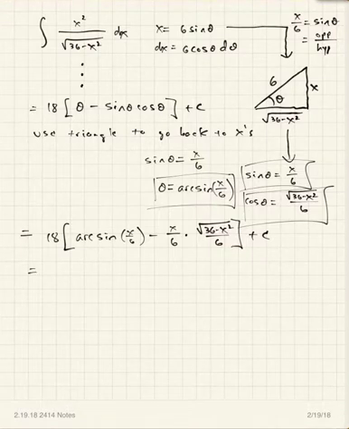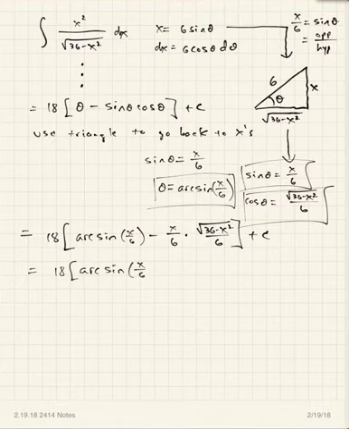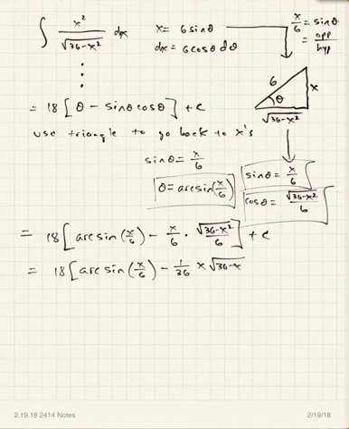There's a lot of ways you could write this at the end, and don't get hung up on that at all. I'll just write this second term as 1 over 36 times x times the square root of 36 minus x squared, and then plus c.